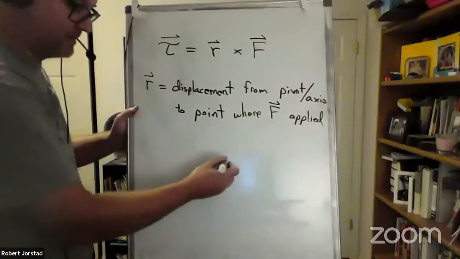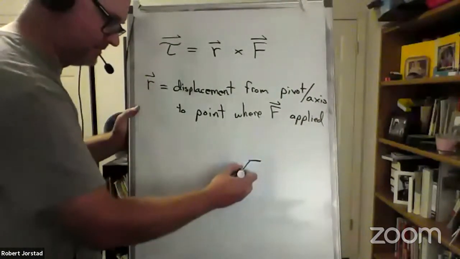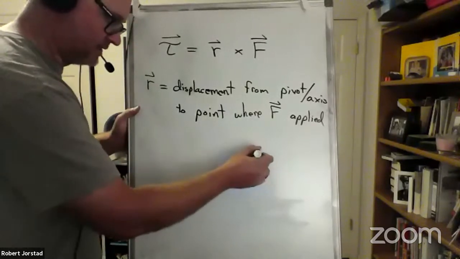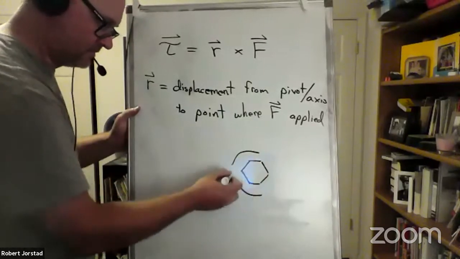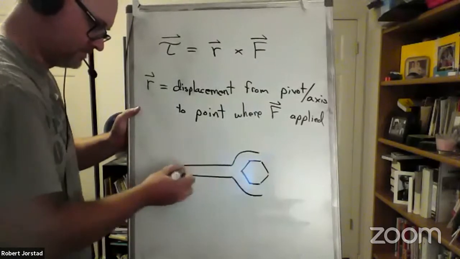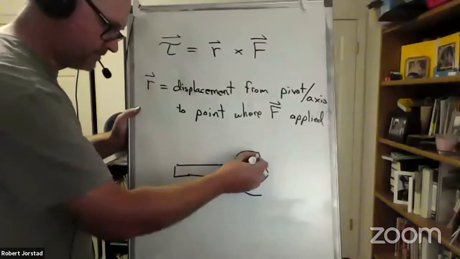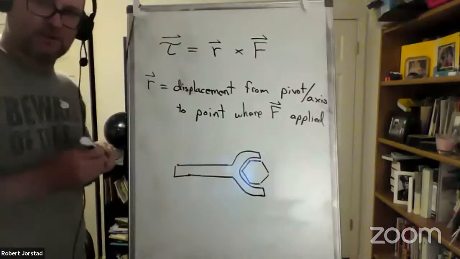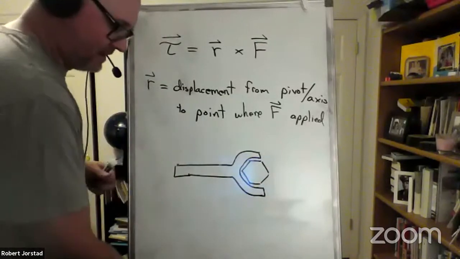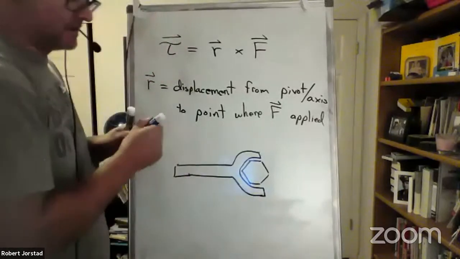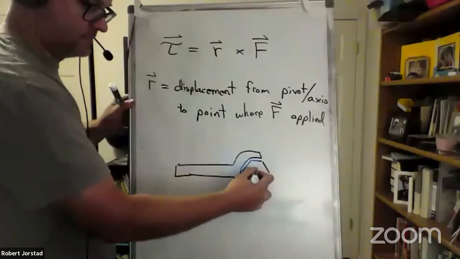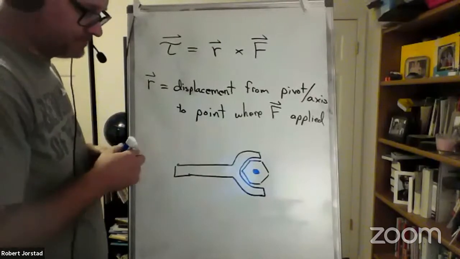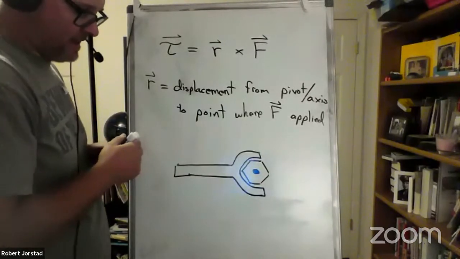So again, if I had a nut here and I had a wrench, it's not a good wrench, but it's a wrench, right? The center of this nut would be the pivot point, or this bolt or whatever.